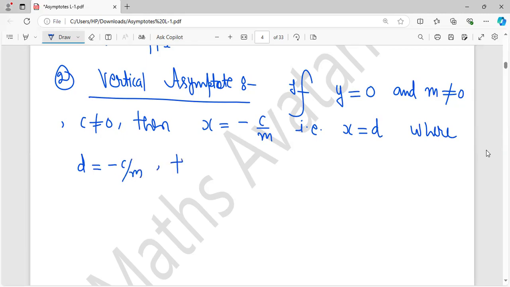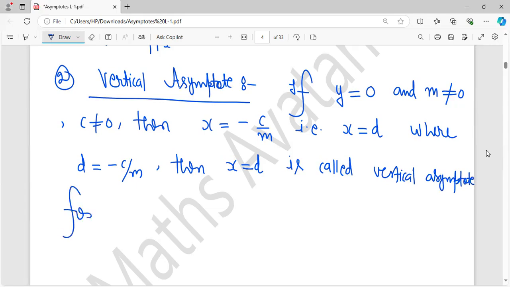Then x is equal to d is called a vertical asymptote for the curve. Okay.